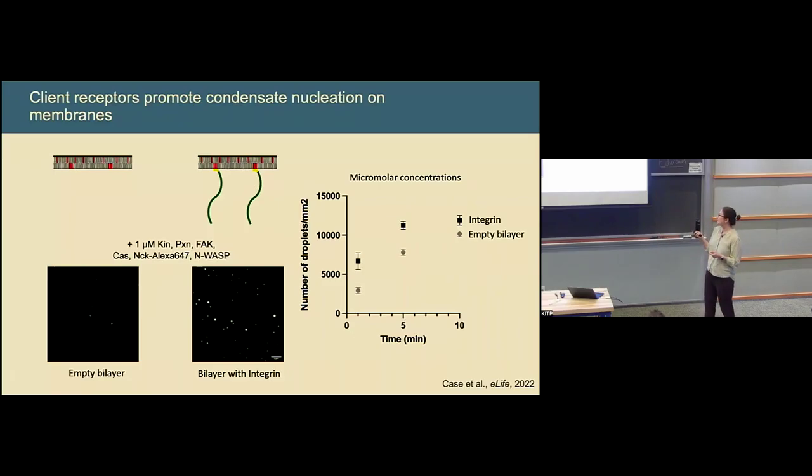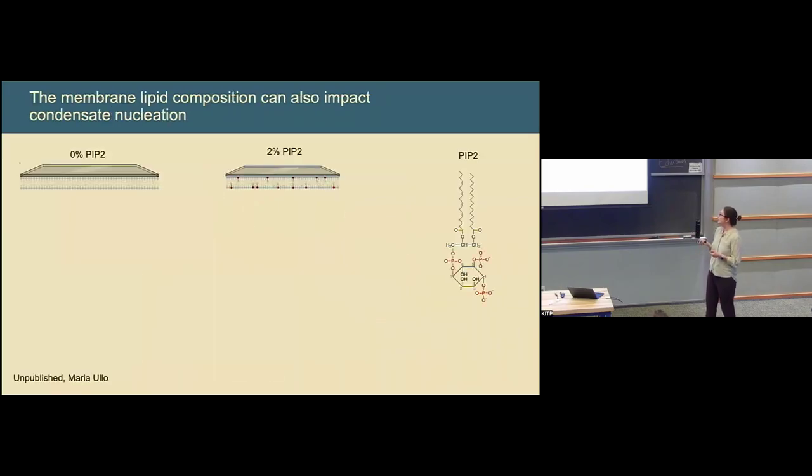So for example, FAC, this protein that I've talked about, binds directly to a lipid species called PIP2, a phosphoinositide. This lipid has an inositol head group with residues that get phosphorylated and dephosphorylated by kinases and phosphatases. So the lipid composition itself is being actively regulated by the activity of kinases and phosphatases, and when PIP2 is present, many of these adapter proteins can bind specifically to it.